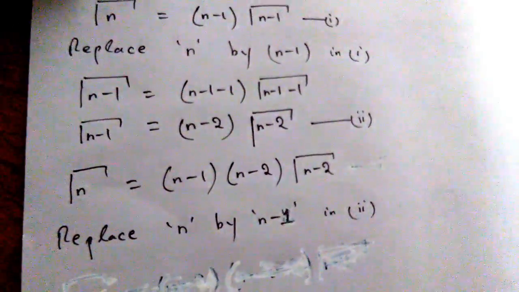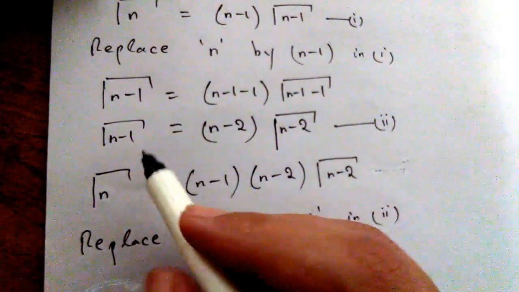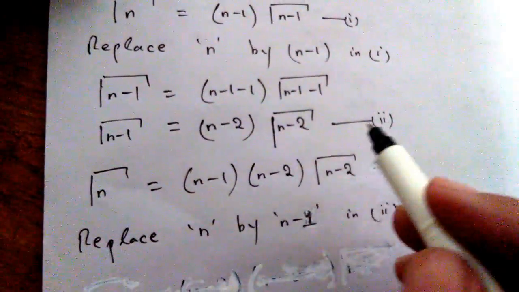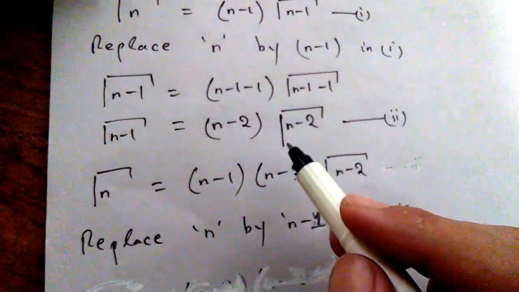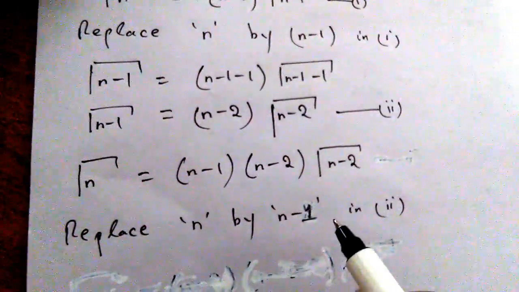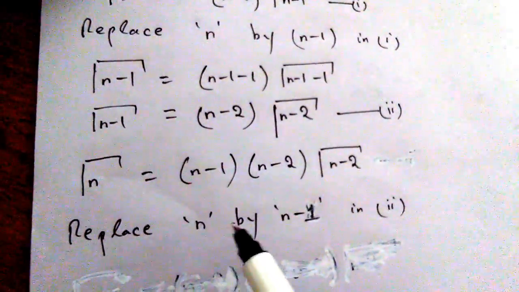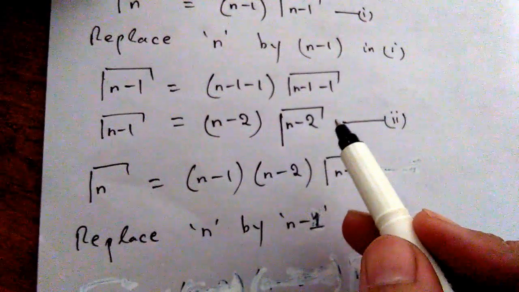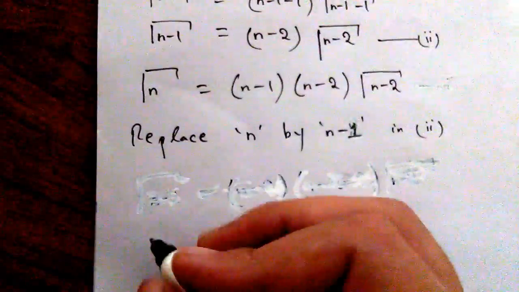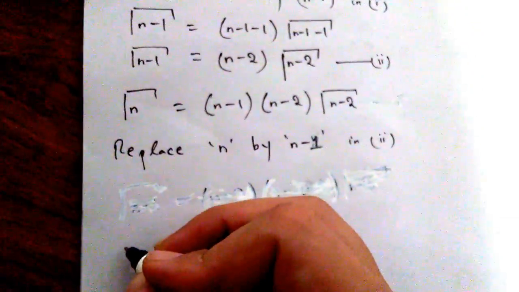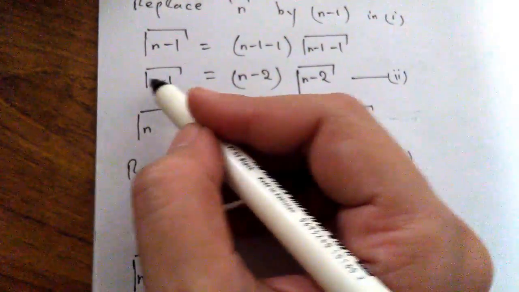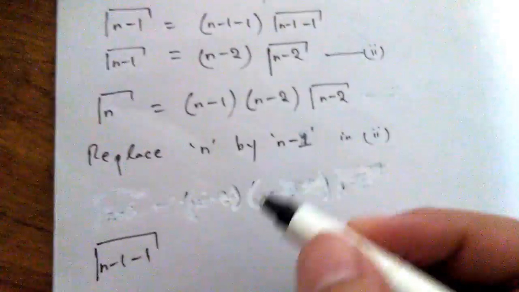I'm sorry, I messed up a little bit. You see, you have to replace your n by n minus 1 in equation number 2, okay, in order to get the gamma function of your n minus 2. So you see I have replaced my n by n minus 1 in my equation number 2, and that's how I'm going to get the gamma function of n minus 2. So let me write over here n minus 1 minus 1, okay. I'm just working on this equation.